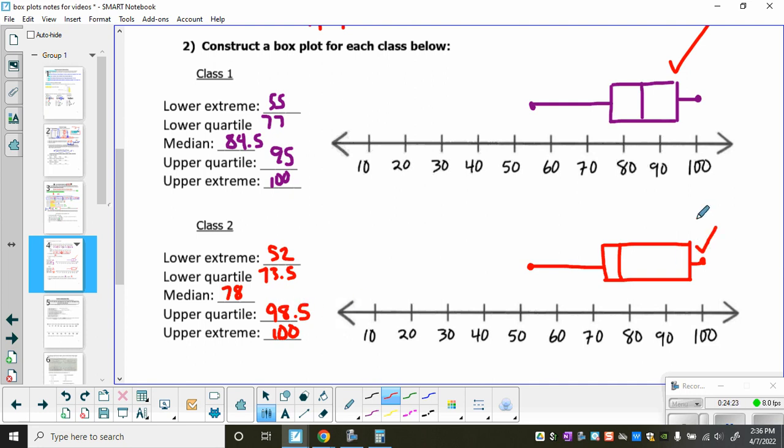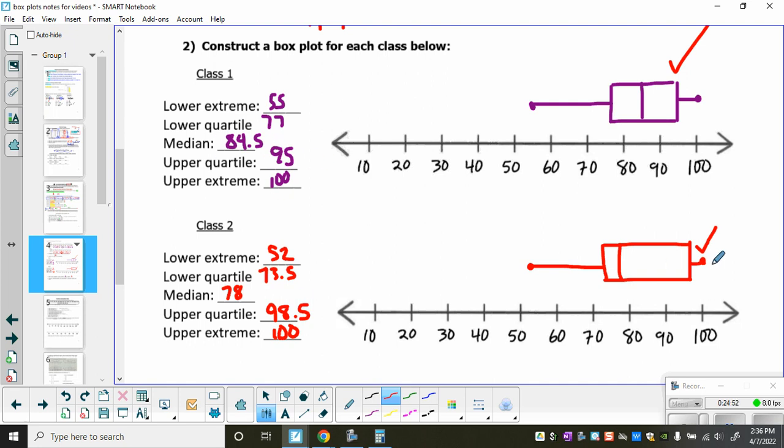And a lot of times when you're looking at things like applications, you immediately look to the top fourth. So if we compare the top fourth of each of these classes, then maybe class 2 is starting to look like a more competitive class. So it really just depends on what you're looking for. Maybe the teacher is trying to assemble a math league team to go to a competition, and at a glance they might want to pull from class A, the first class, because it looks like a better class.